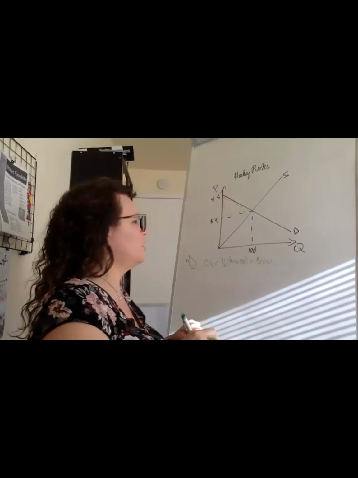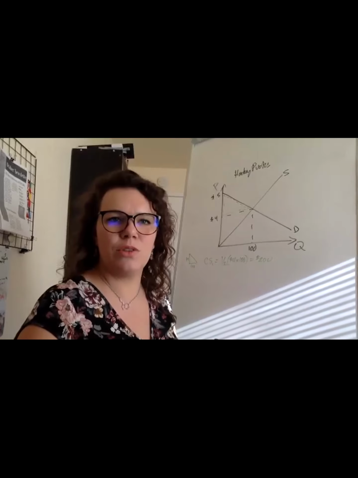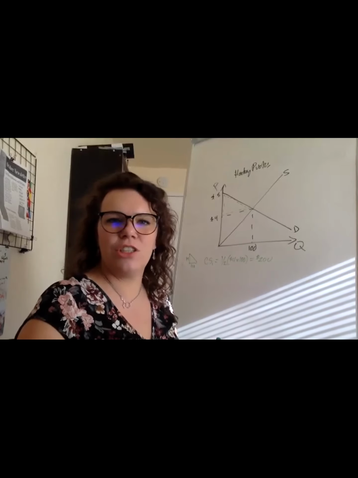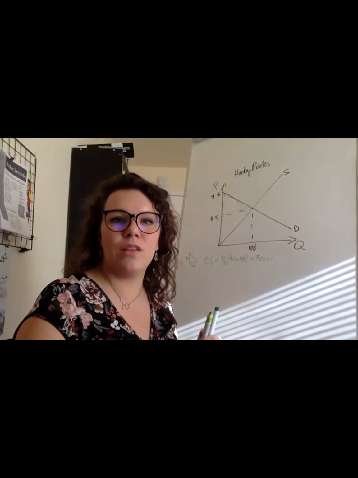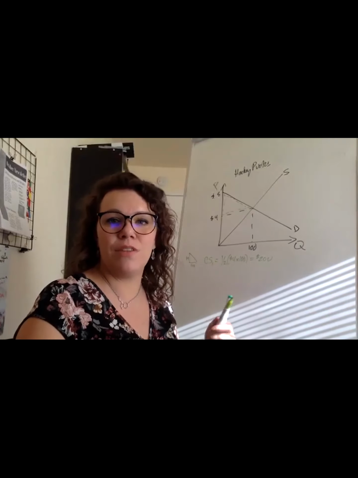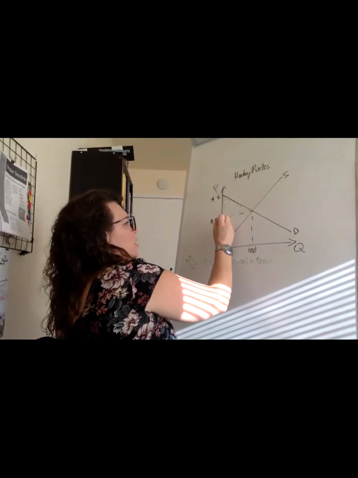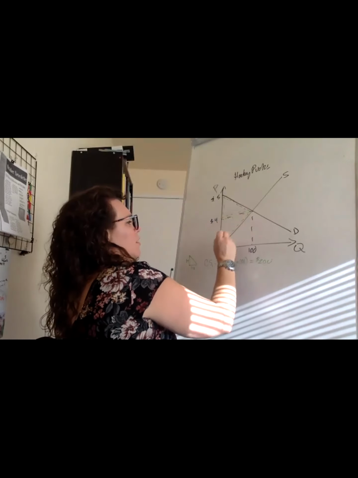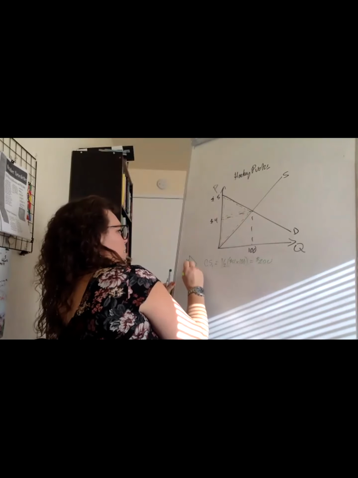The next thing we want to do is find the producer surplus. The producer surplus is going to be a function of the price and the supply curve. It's the area below the price line and above the supply curve. So that's going to be this triangle below the $4 and above the supply curve, or a triangle with a base of 100 and a height of $4.